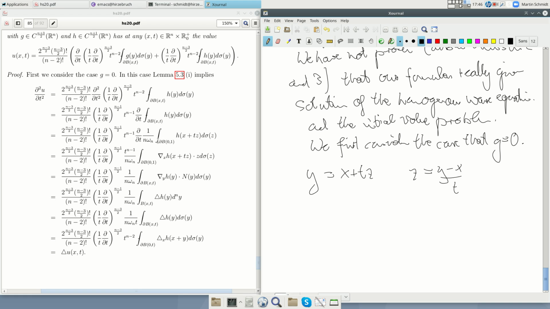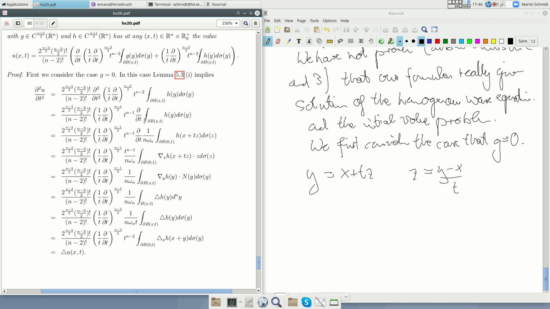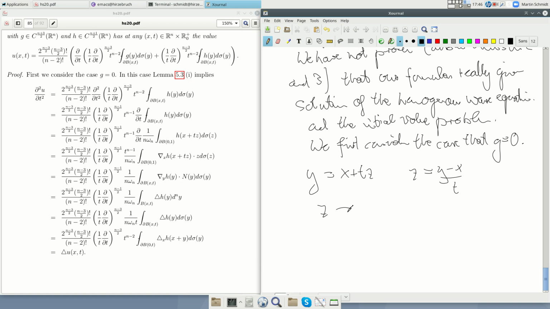Here t is the radius of the ball. And then the map z going over to x plus t z of course maps the boundary of the 0,1 ball onto the boundary of the x,t ball.